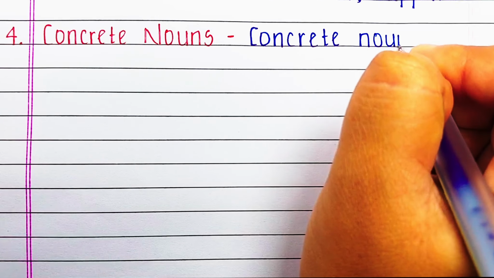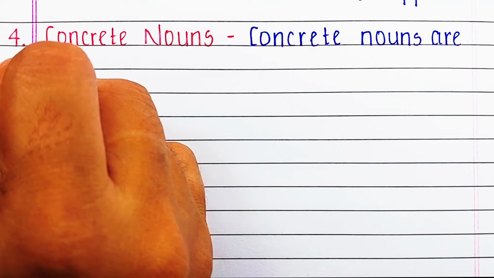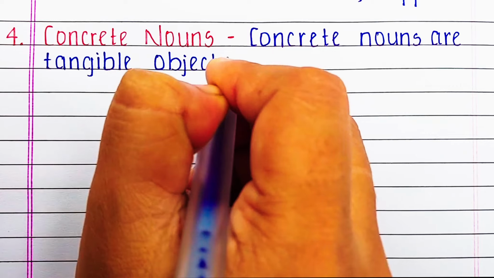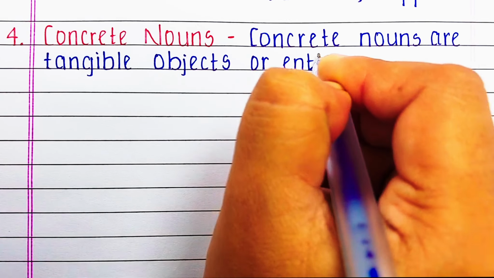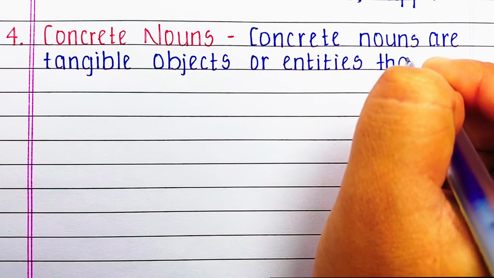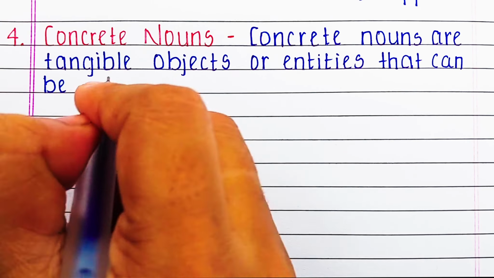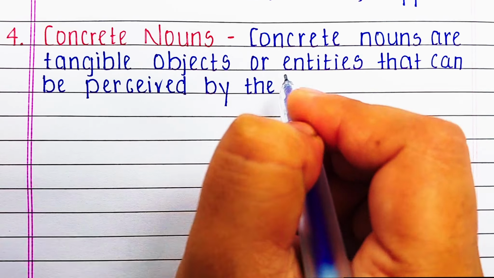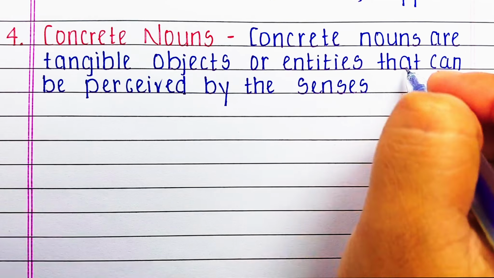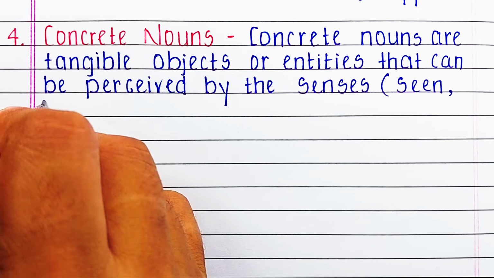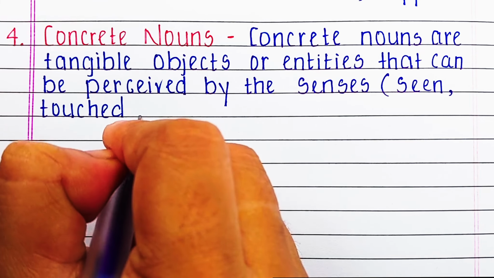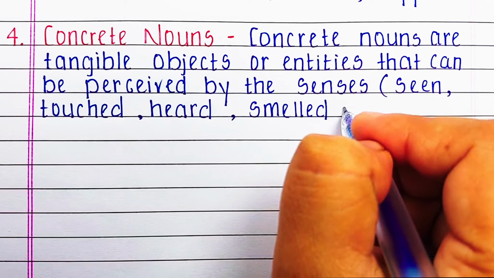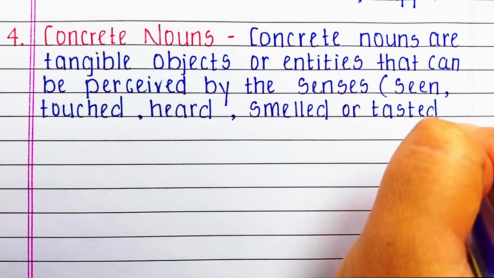Next type of noun is concrete nouns. Concrete nouns are tangible objects or entities that can be perceived by the senses, like seen, touched, heard, smelled, or tasted.